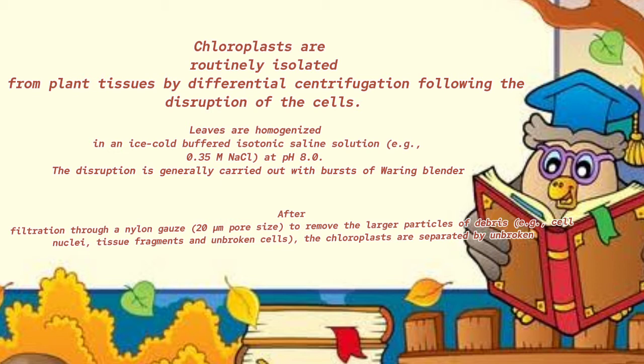The disruption is generally carried out with a blender or Waring blender. After filtration through a nylon gauze of 20 micron pore size to remove the larger particles of debris, undisrupted tissue fragments, and unbroken cells, the chloroplasts are separated by centrifugation.